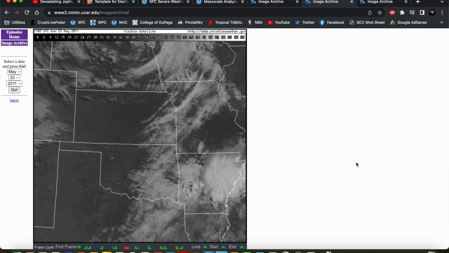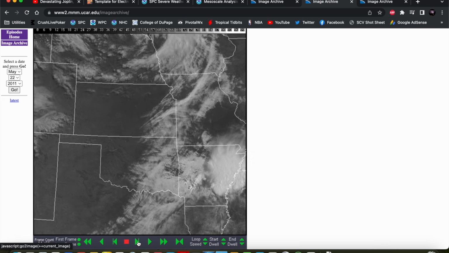Now look at our satellite imagery here. I want you to note this band right here across northwest Missouri, and this is at 1345 Z, so this is just before 9 a.m. on May 22nd. This band was very, very noticeable in satellite imagery and moved toward the east throughout the day.